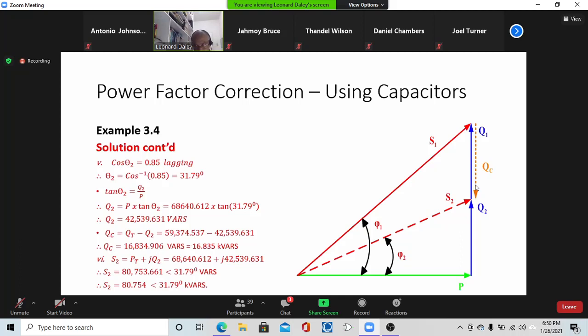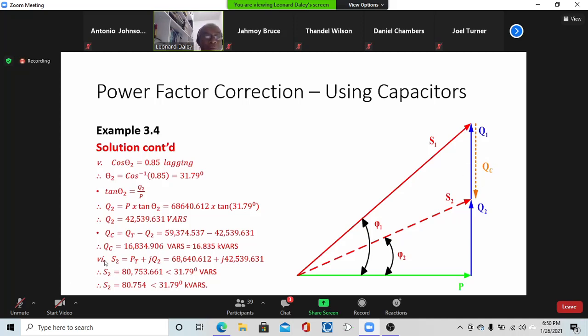Right? Now QC is the difference between QT and Q2, right? So QC, which is what the capacitors have added to the system, is 59.37 minus 42.5 kVARs. So QC is equal to 16,834 VARs, or 16.835 kVARs. So that's what QC is equal to.